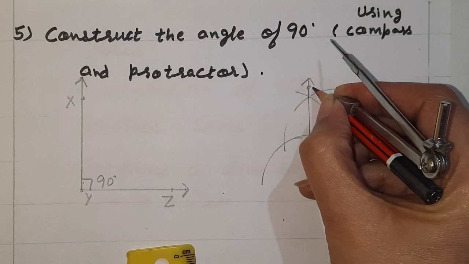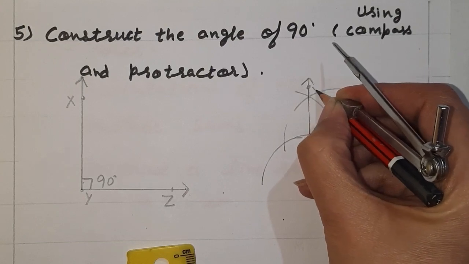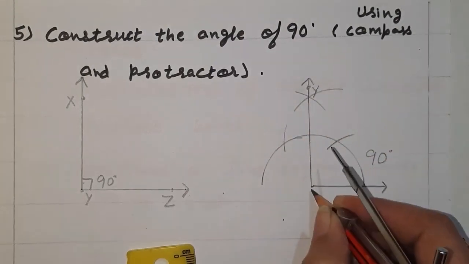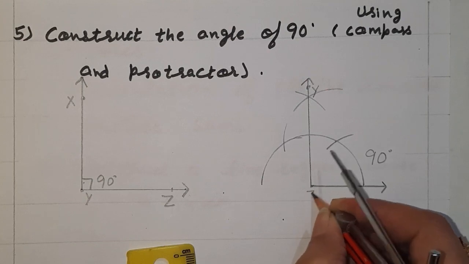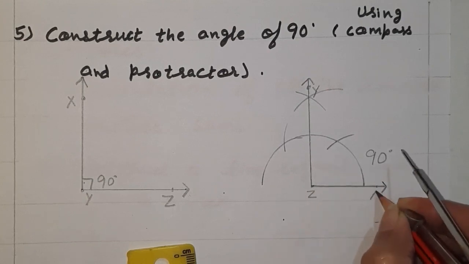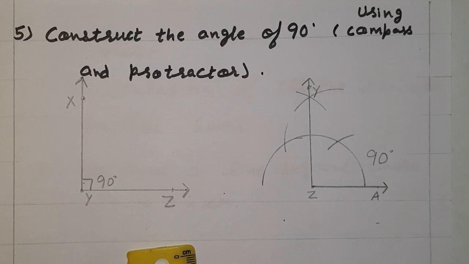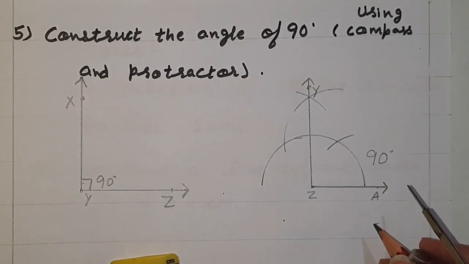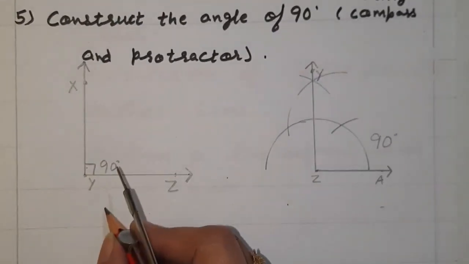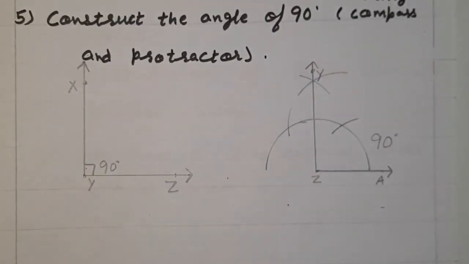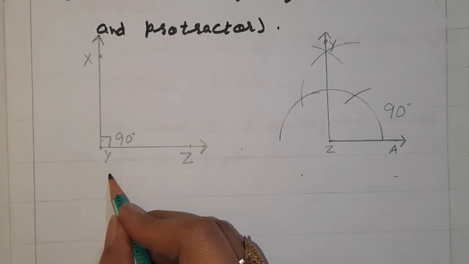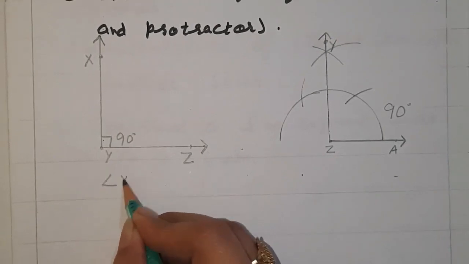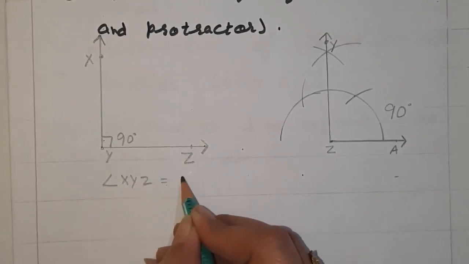Write down name Y, Z, A. Any naming you can write. So here angle XYZ is equal to 90 degree.